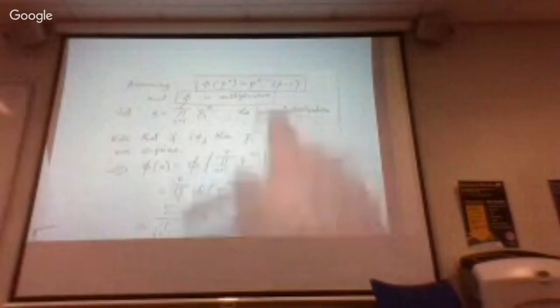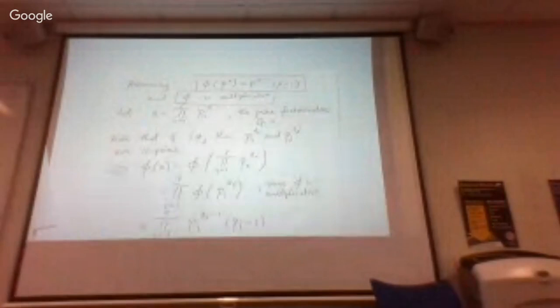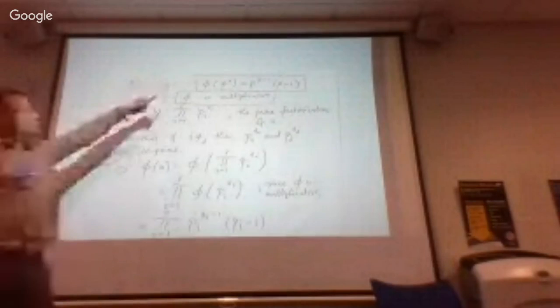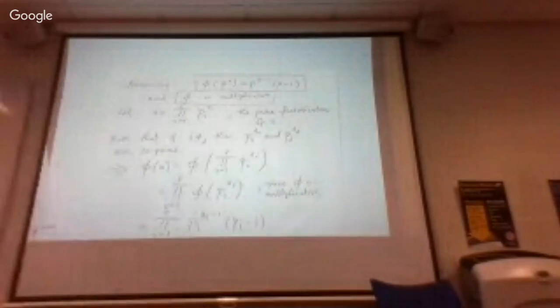It's generally a useful property to have for a function. So let's go for the first of these properties here, which is phi of p to the power a. Let's show that that has the required form. This is lemma 5.2 in the notes.